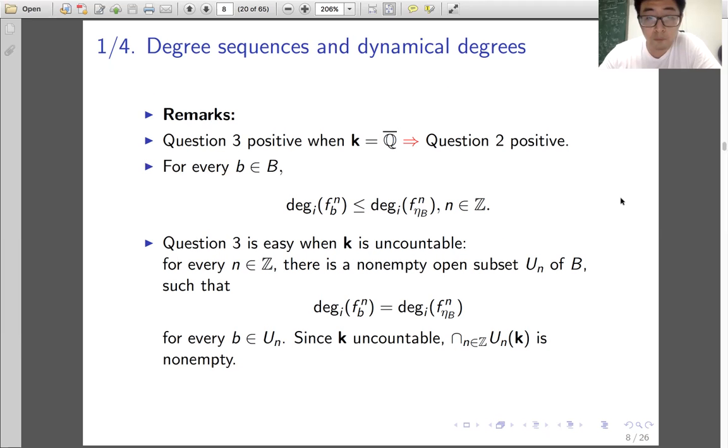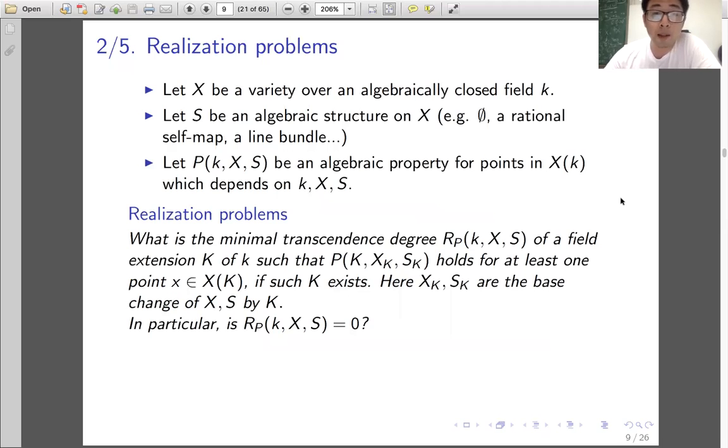Okay, so this question 3 can be viewed as an example of a class of questions, and we call them realization problems. Here we present this class of problems. Let X be a variety over an algebraically closed field k.